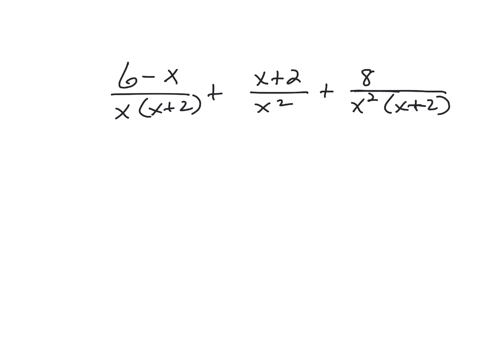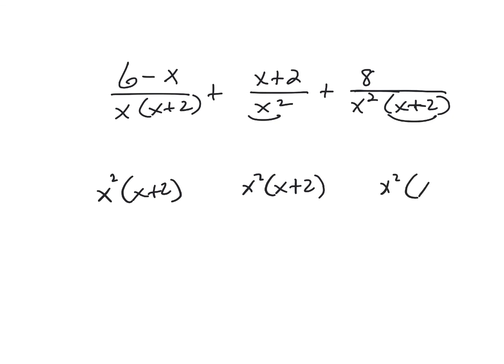So my LCD is going to be x squared and then the x plus 2. So I'm going to write that a bunch of times. So x squared times x plus 2, x squared times x plus 2, x squared times x plus 2. So my first fraction is missing just an x.